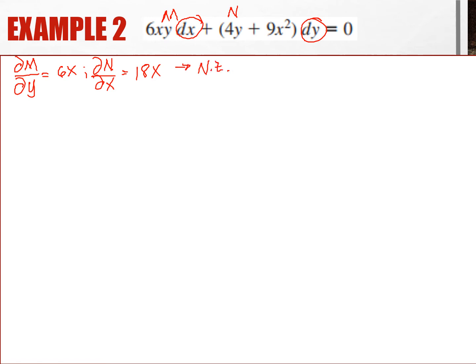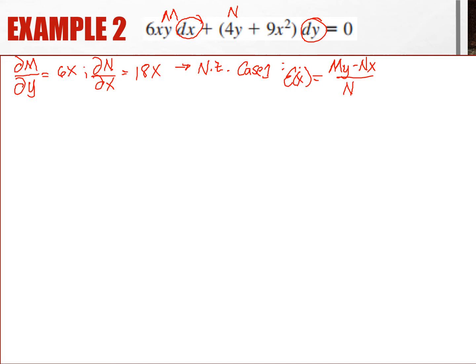So first, you have to try to solve that using case 1, a trial and error, wherein your mu of x is equal to My minus Nx over N, and we take note.